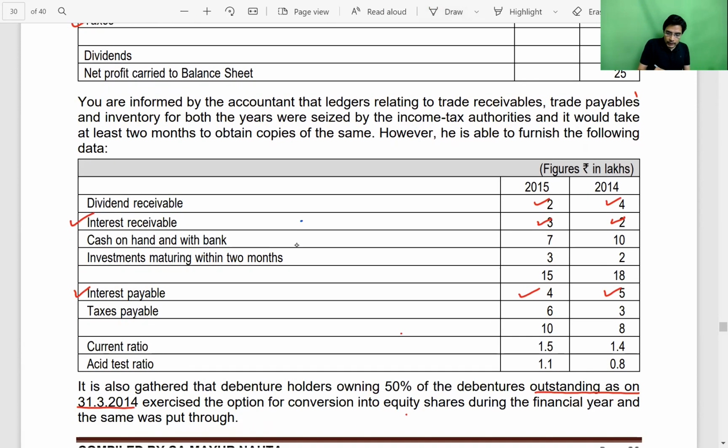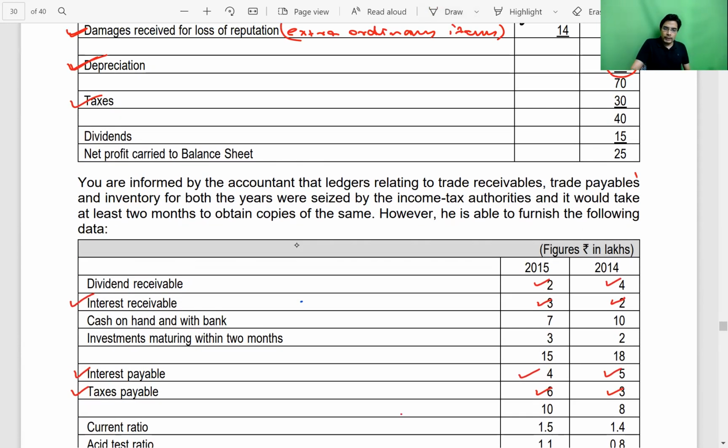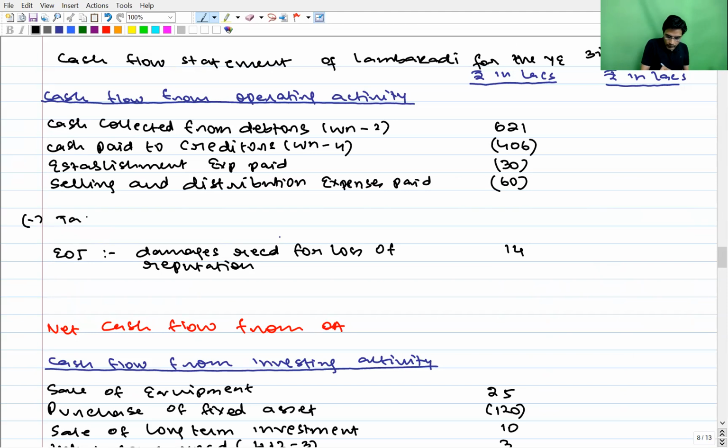Yes, there is a taxes payable account given. So opening outstanding is 3, closing outstanding is 6. So we have to find out the tax paid by using the taxes payable information. In the P&L account, taxes is appearing at 30. It's not necessary that we have paid 30 also. If they had not given us opening and closing outstanding tax in the question, then we would have assumed that the amount appearing in the P&L account is the amount which we have paid.